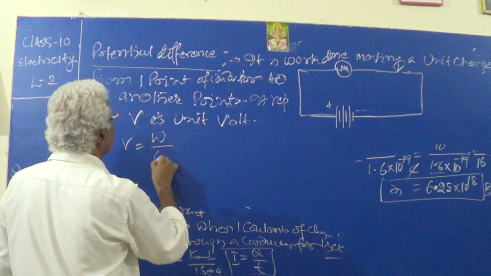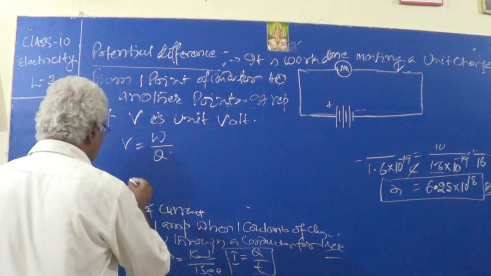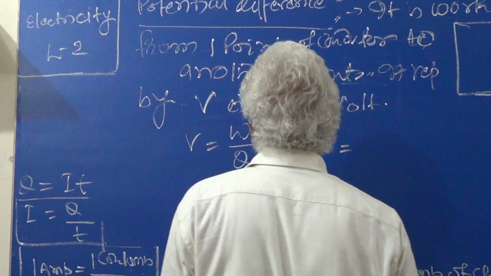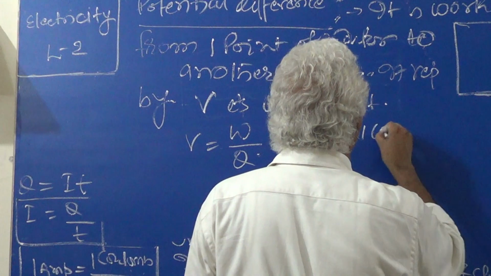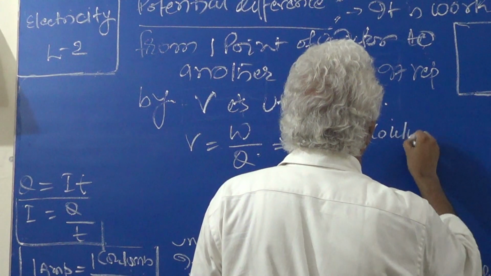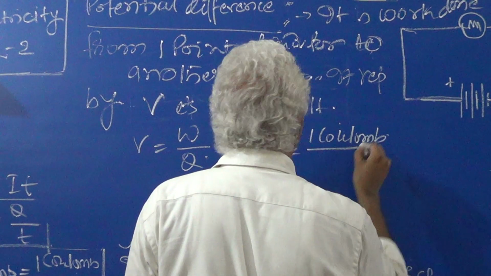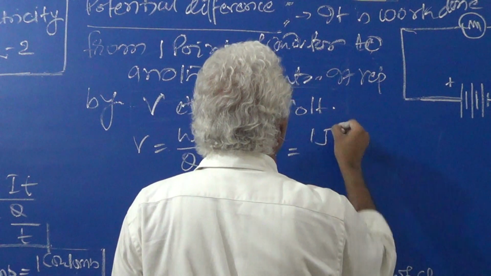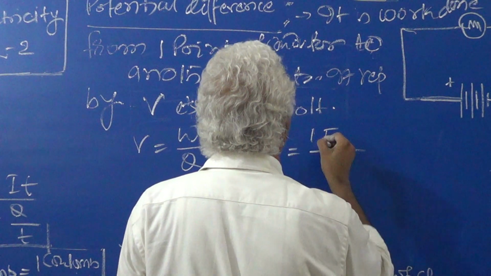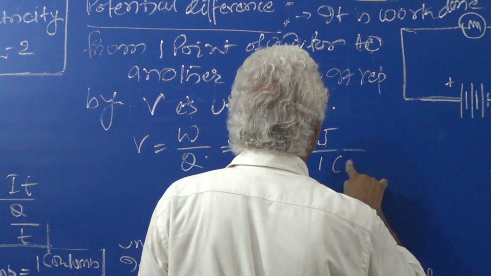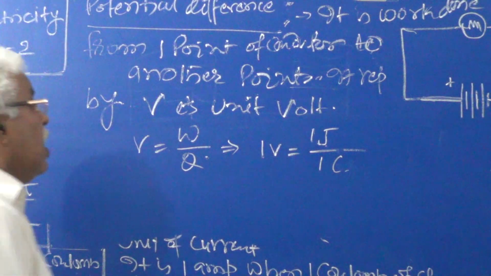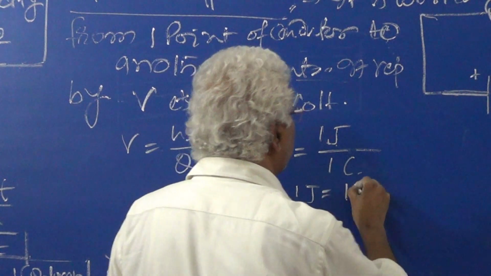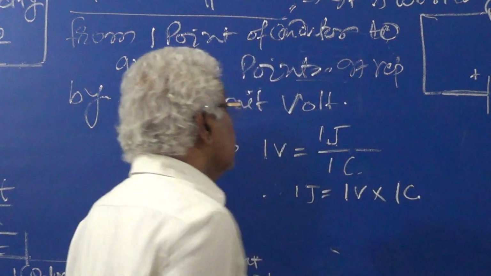Now what is that? V is equal to 1 volt. You can write it: V equal to 1 volt equals W over 1 coulomb charge. So V equal to 1 joule upon 1 coulomb. Therefore, 1 joule equals 1 volt into 1 coulomb.